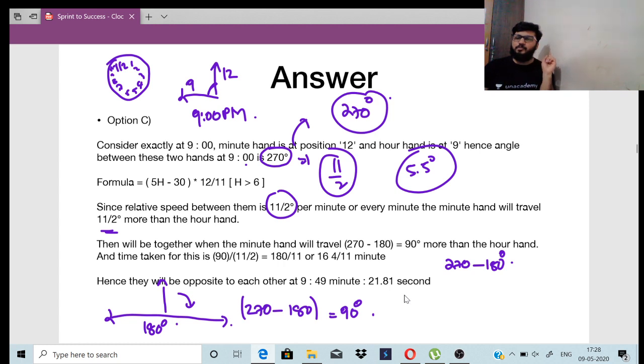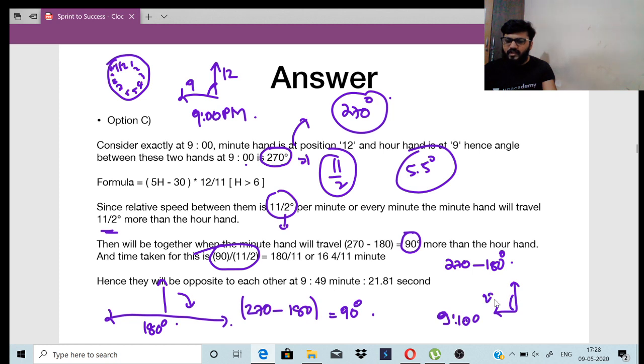What was the relative speed I told? The relative speed of minute hand and hour hand is 11 by 2. What did I get the angle as? It is 90 degrees. So this is 9 o'clock, which is 270 degrees.